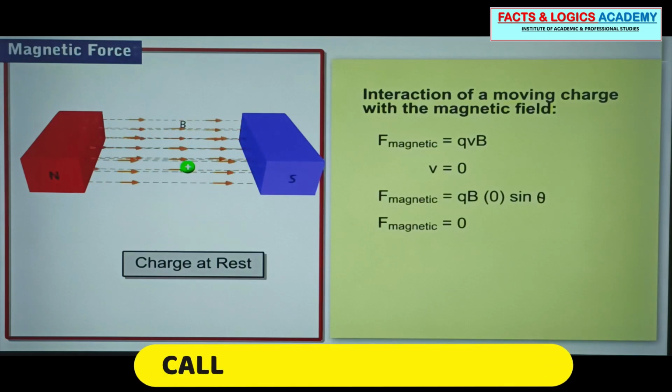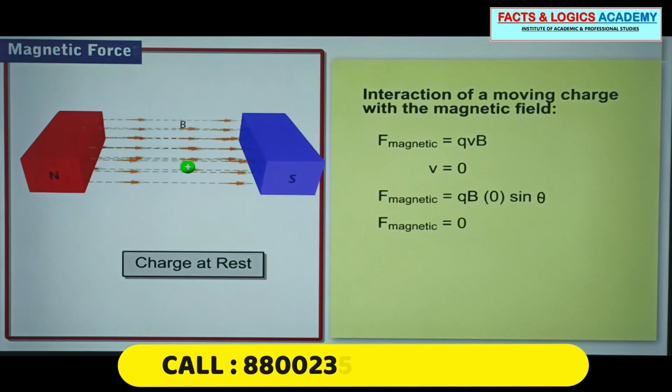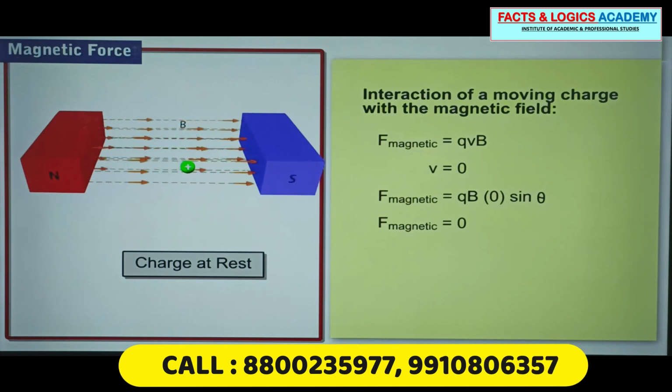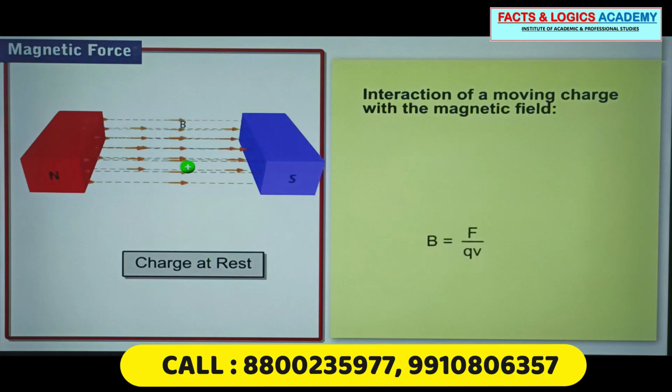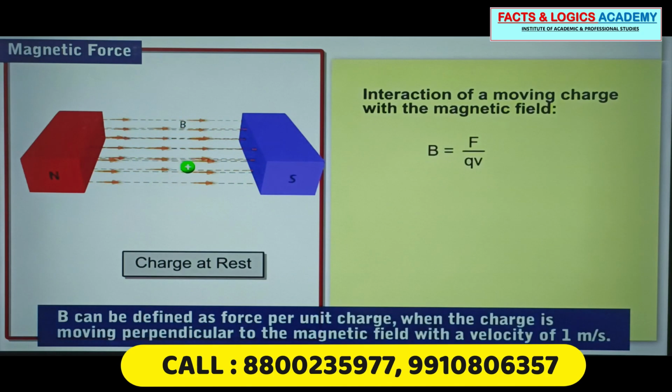When the charge in the magnetic field experiences maximum force, the force is expressed as F magnetic is equal to QvB, which can be written as B is equal to F by qv. The magnetic field strength B can be defined as force per unit charge when the charge is moving perpendicular to the magnetic field with the velocity of 1 meter per second.